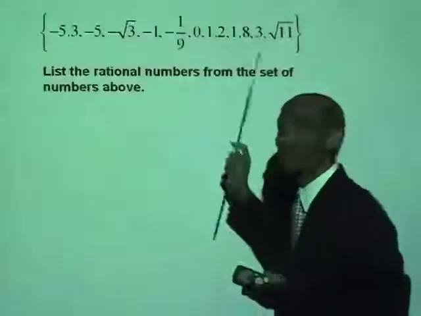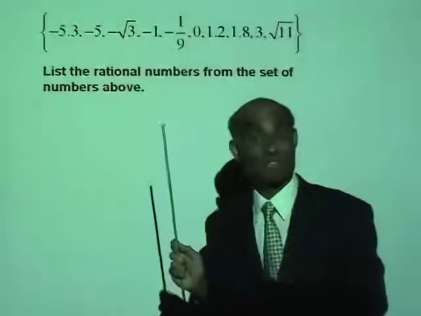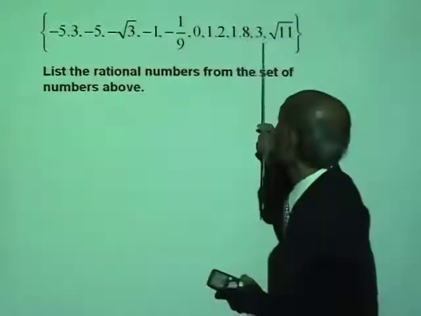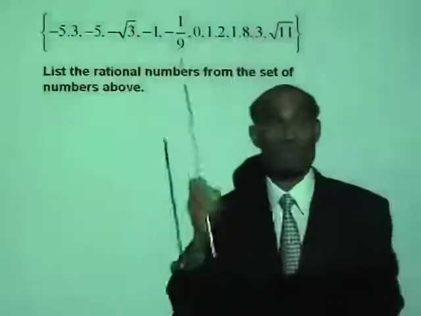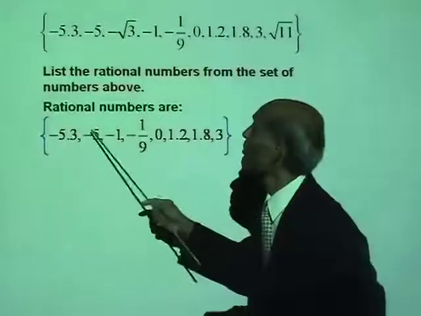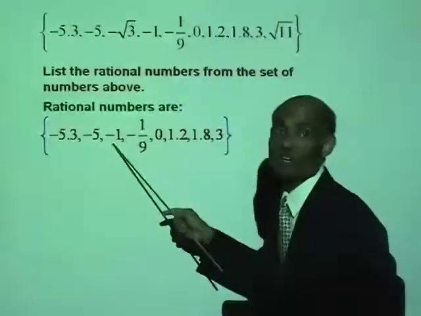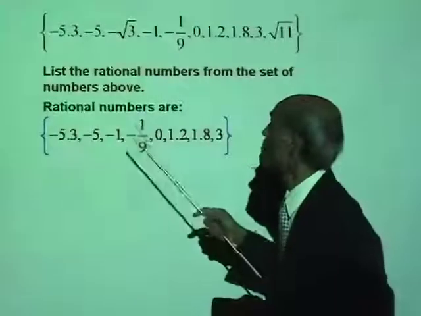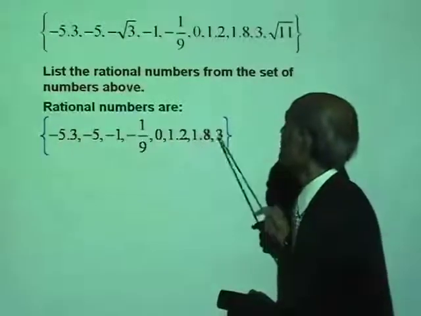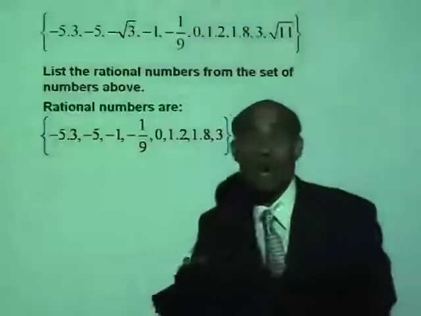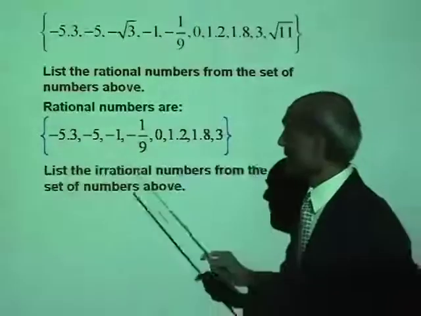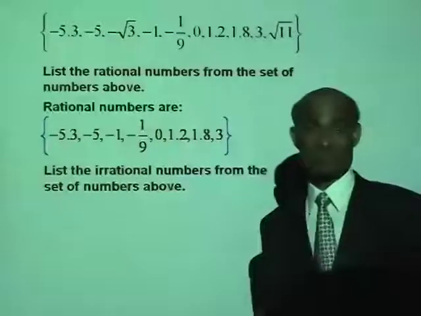How about 1.2? Yes, it is a rational number. 1.8 is a rational number. 3 is a rational number. So the rational numbers are negative 5.3, negative 5, negative 1, negative 1 over 9, 0, 1.2, 1.8, and 3. Well, what are then the irrational numbers?